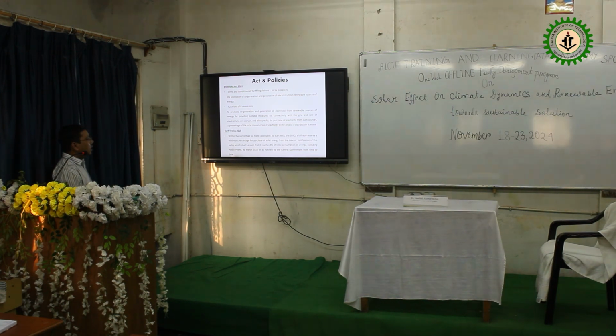And the function of the commissions at that time, within this act, was to promote co-generation and generation of electricity from renewable resources by providing suitable measures for connectivity with the grid and sale of electricity to any person, by specifying how much the purchase and the sale from the different resources should be, and what the consumption and resource generation should be.